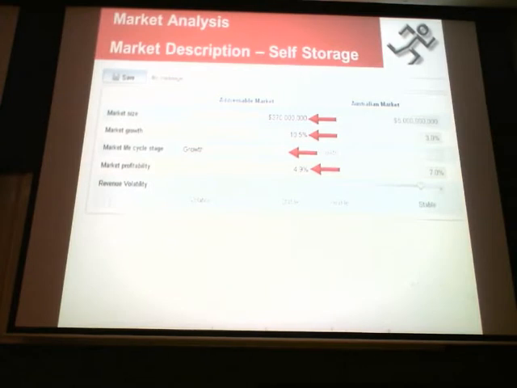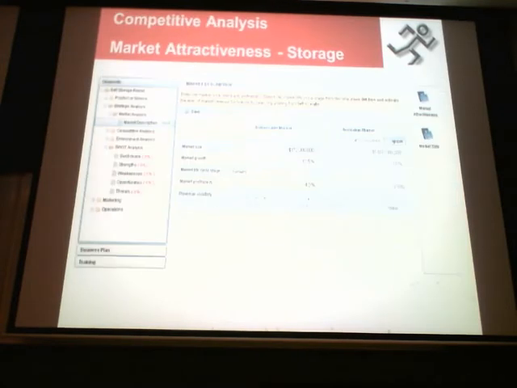And for the revenue volatility, I selected fairly volatile. The Self-Storage Association gave me most of those statistics, and over the past 5 years it was up and down a bit, particularly as they were adding a lot more storage facilities to Australia. Then I hit save, so click save.